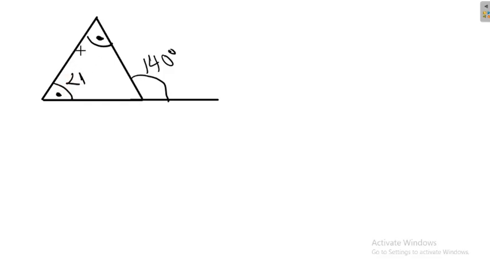I want to know the measure of angle 1. Because the two interior angles are equal, the measure of angle 1 will be 140 divided by 2, which is 70 degrees. This is very simple. The two angles are equal, and their summation is 140, so one of them is half of 140, which is 70.